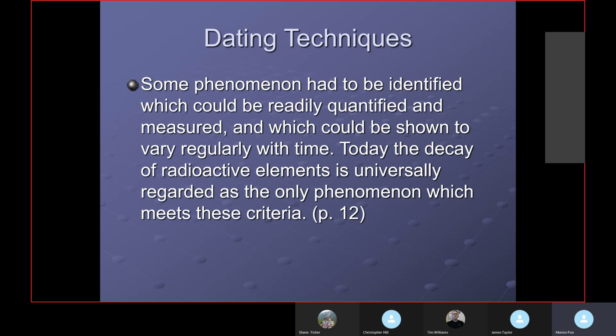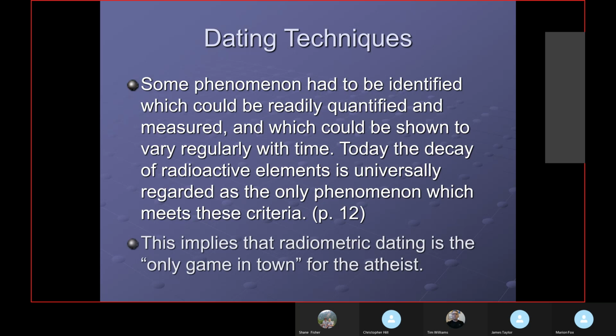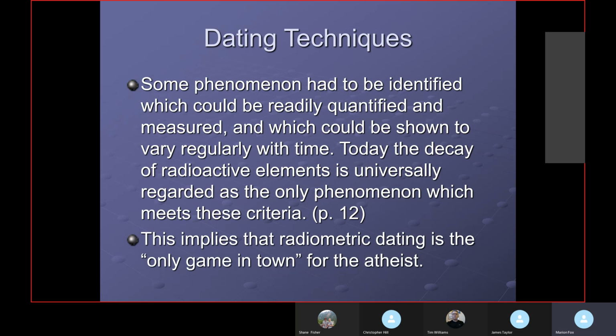Remember, it's got four variables in the formula. They only know one of them with certainty, and they assume they know two of them, the decay rate. But they've still got the problem of how much they had at the beginning. So they've got to make an assumption. It's all based on assumptions. This implies that radiometric dating is the only game in town for the atheist when he dates things. There's no other game.